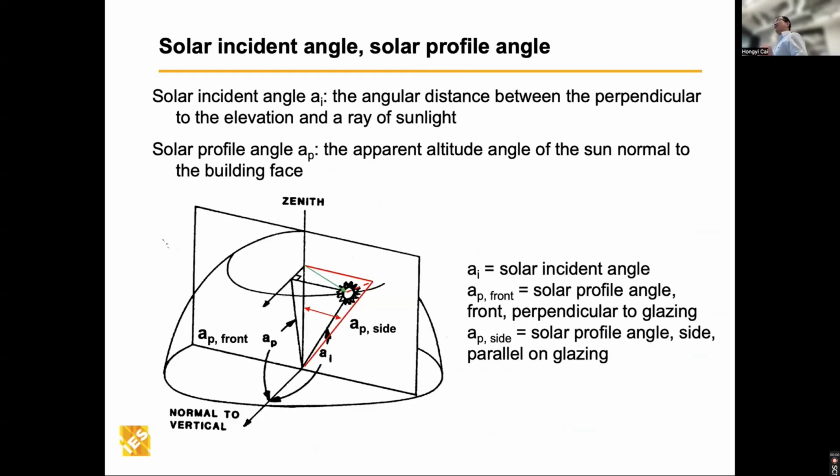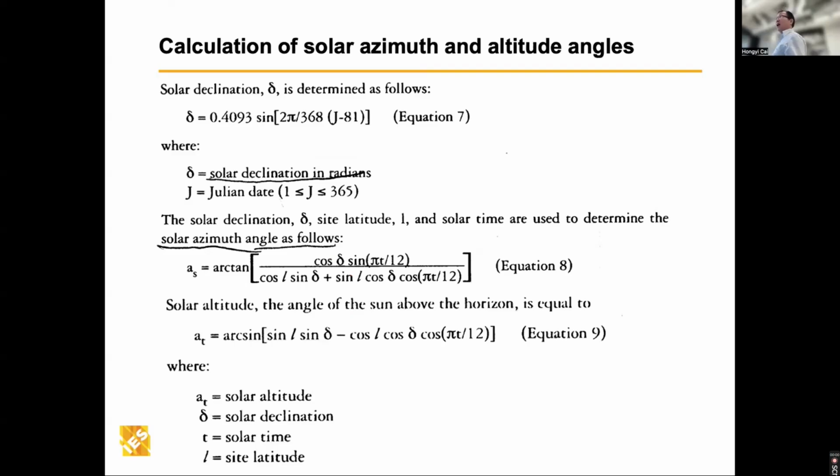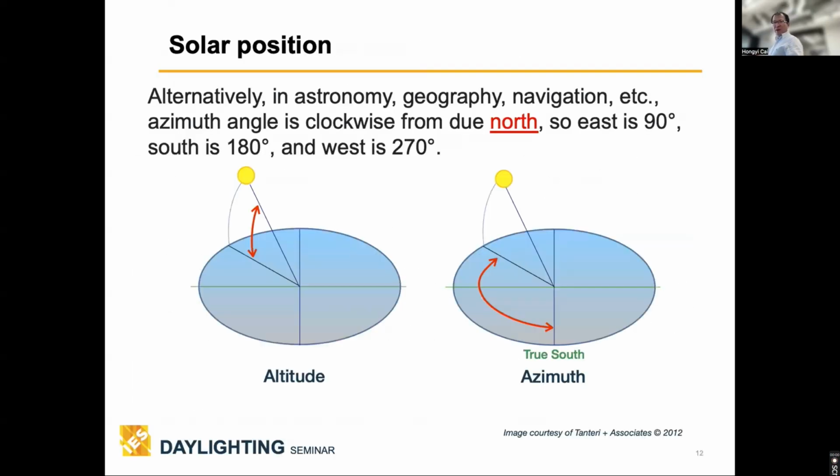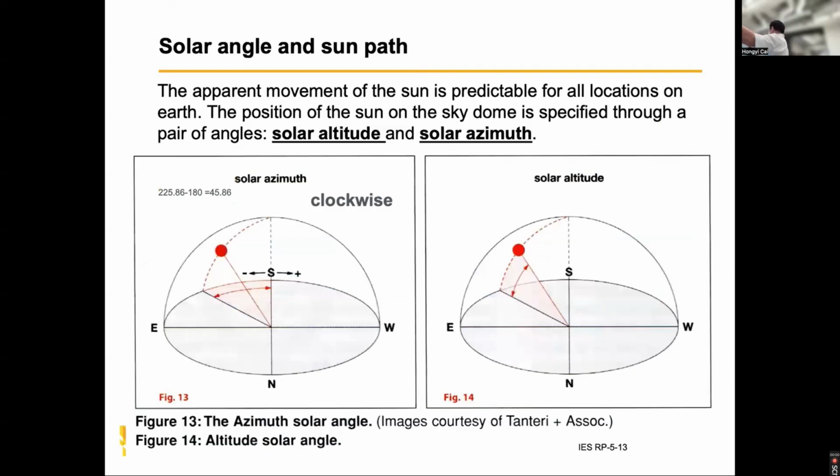And then let's talk about 2 more important angles. Solar azimuth angle, solar altitude angle, they are very important to know where your sun is, right? For example, the azimuth angle, let me test it. In the morning, should the calculated azimuth angle be negative or positive, when you use the south as reference?